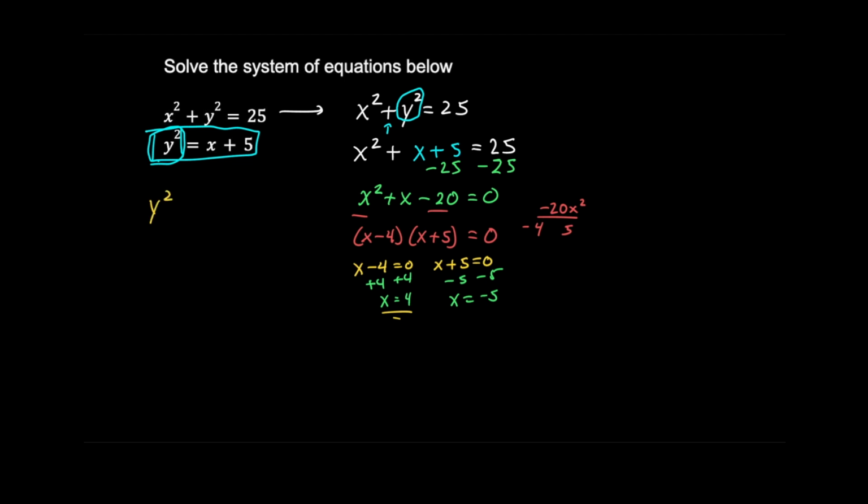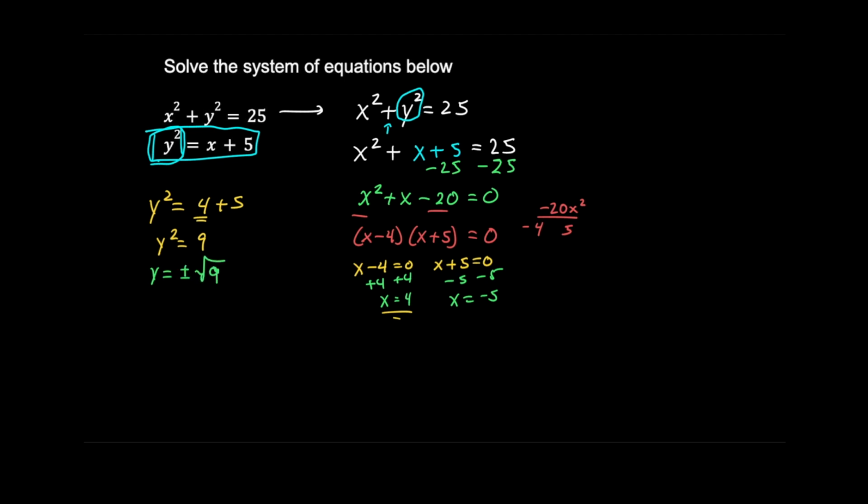So we're going to have y squared equals 4 plus 5, replacing it with the 4 first. 4 plus 5 is 9, so we're going to have y squared equals 9. But y is not by itself, so we haven't actually found the y value yet. If we have y squared equal to 9, that means y is equal to plus or minus the square root of 9.